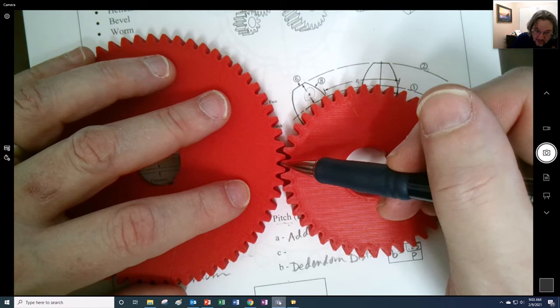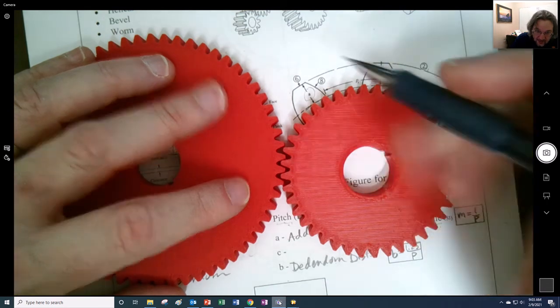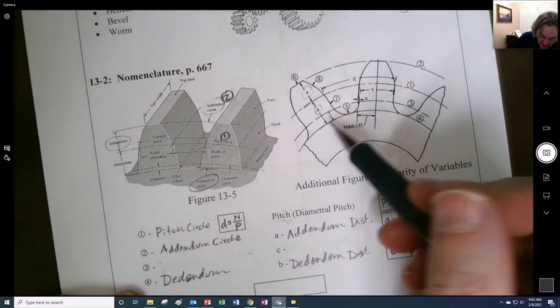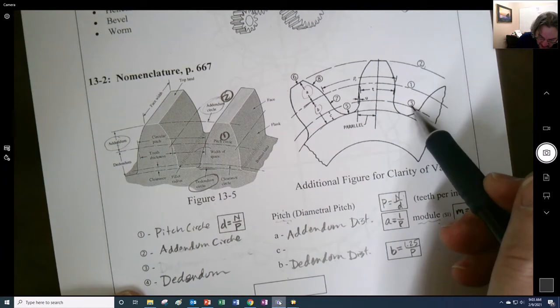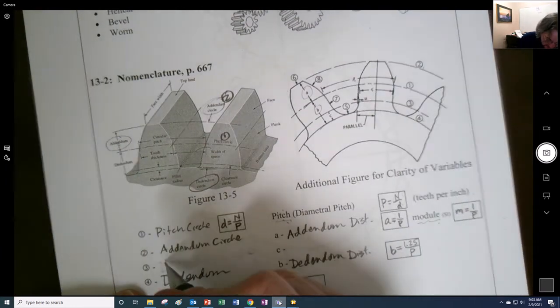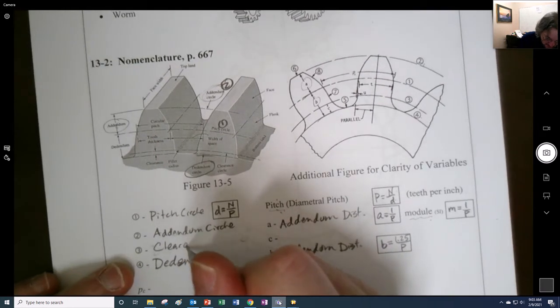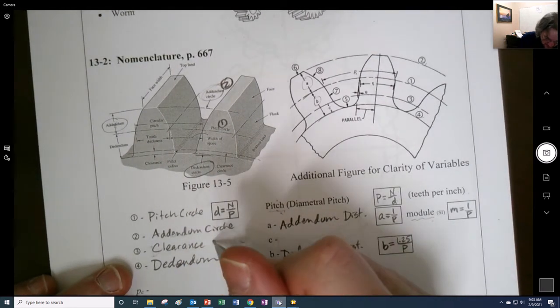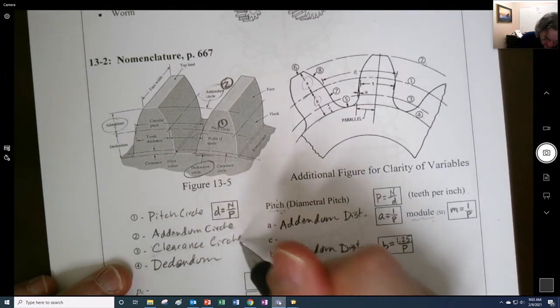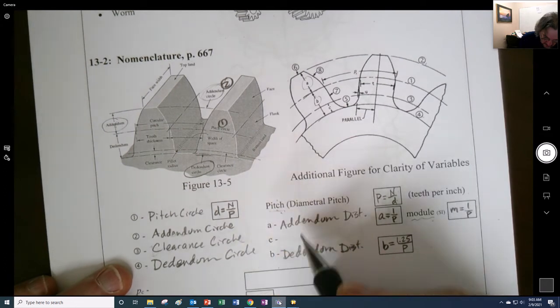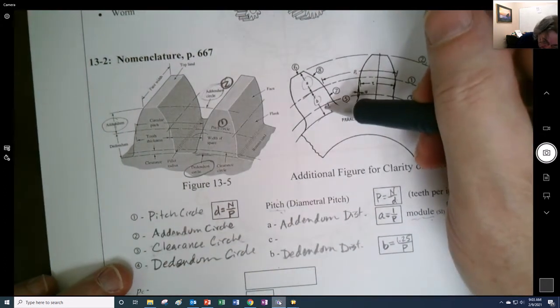If you find that location right there, you would have the clearance circle, which is number 3 right here. And that would be c right here, right?